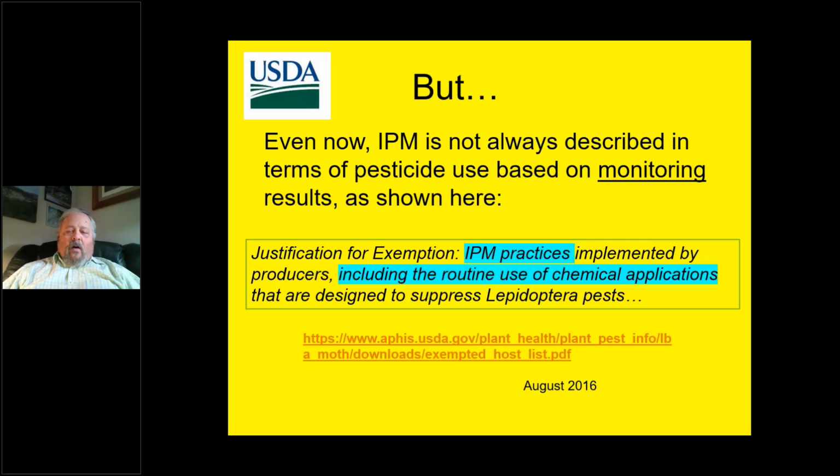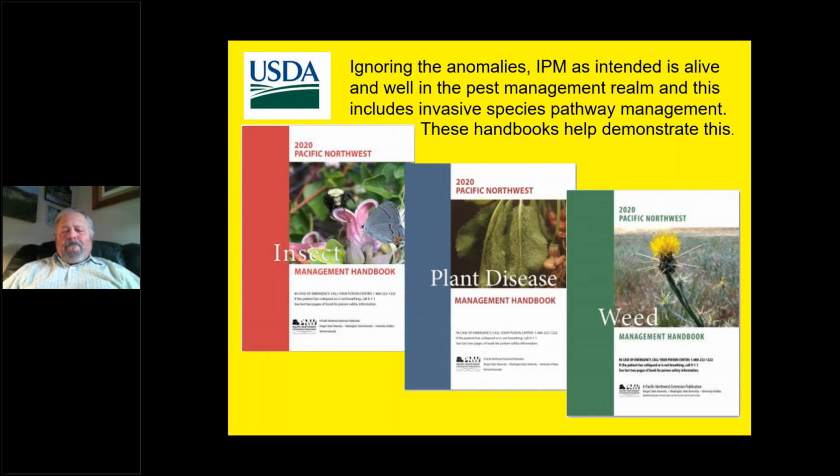So while we tend to think of IPM ideally as involving very keenly monitoring, sometimes references to routine use of chemical applications is mentioned. Now, whether this is referring to cover sprays or other things, it's not made clear. But as you saw in the reference from New Jersey, the idea was routine stuff had been going on for 50 years.